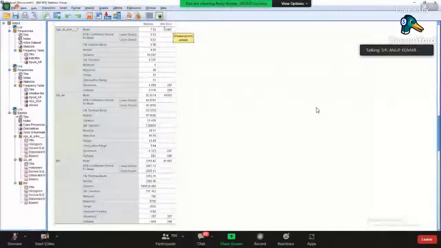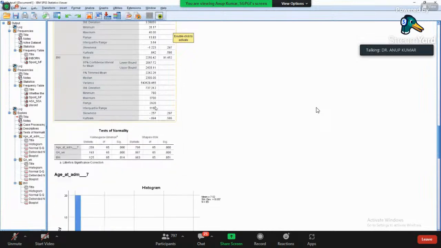Standard error is also being calculated, but you should not go with the standard error; you should go with the standard deviation, because you are going to describe the data. Now, whether we should use mean with the standard deviation or median with range or interquartile range, for that you should just look at the normality of the data.